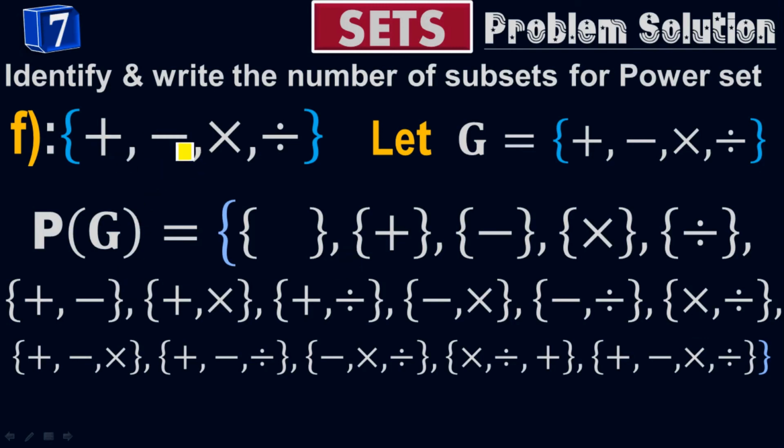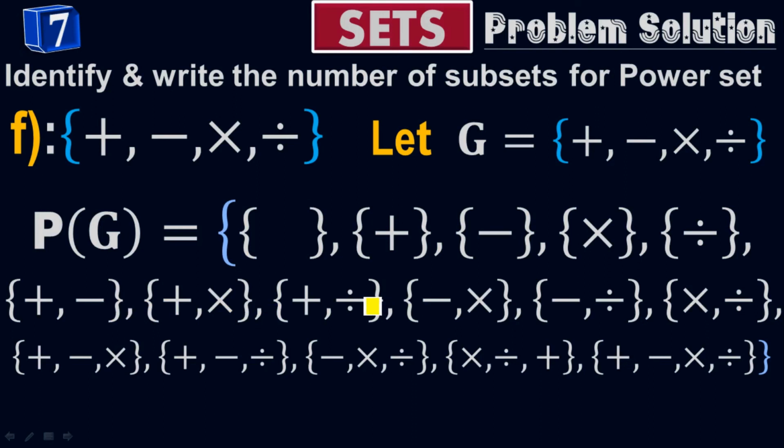Once you are done with addition, pick subtraction as the first element, then go forward: subtraction, multiplication; subtraction, division. Once you are done with subtraction, pick multiplication as the first element and go forward: multiplication, division. So there we got all the subsets of two elements.